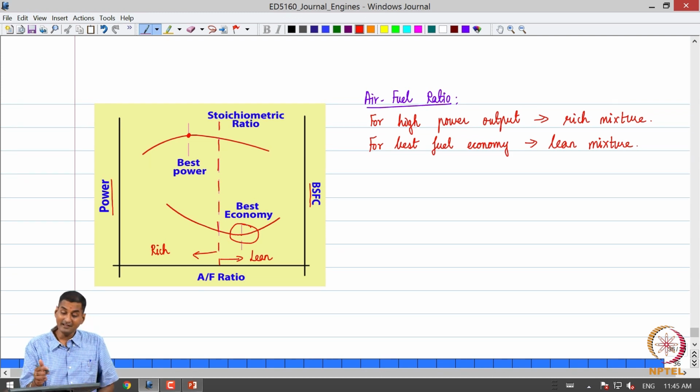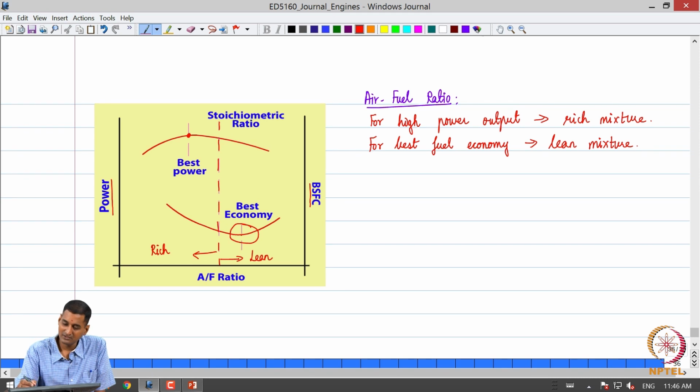So, we can see that a carburetor also needs to factor this in, because depending on the requirement of the vehicle, the air fuel ratio needs to be varied in a range.